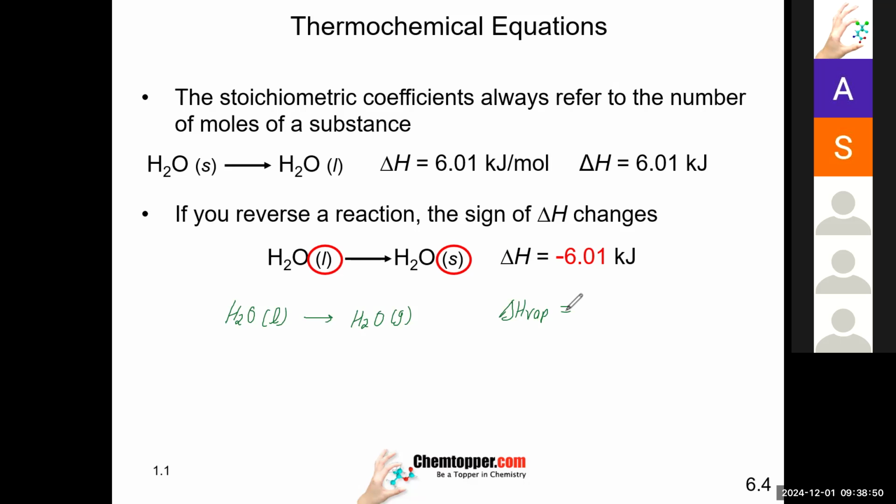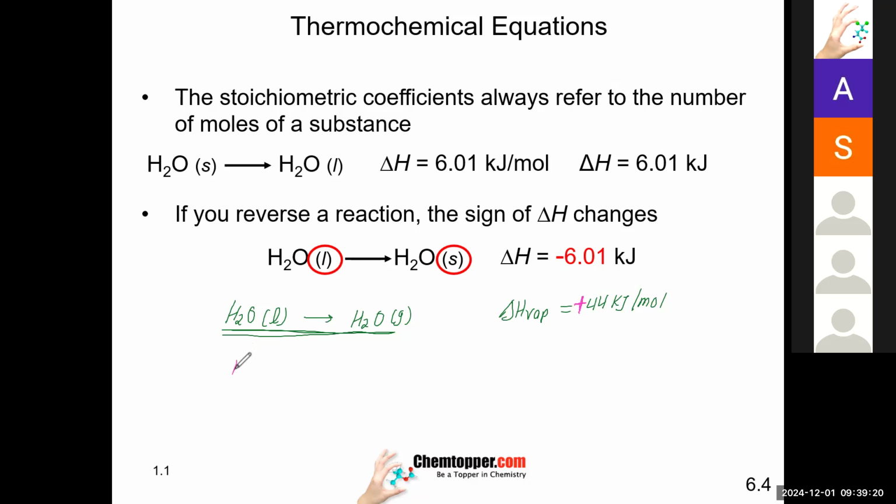You cannot take 6.01. It is now a different value because the state is different. Delta H of vaporization here is 44 kilojoules per mole. Is it endo or exo, children? This one? Endo. So it's going to be plus sign.